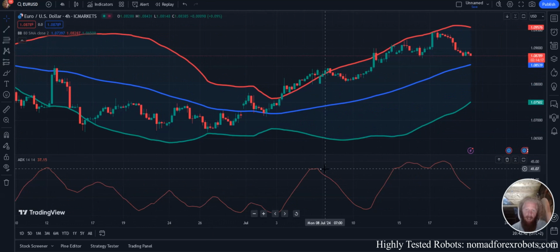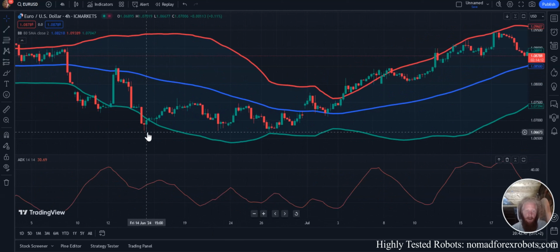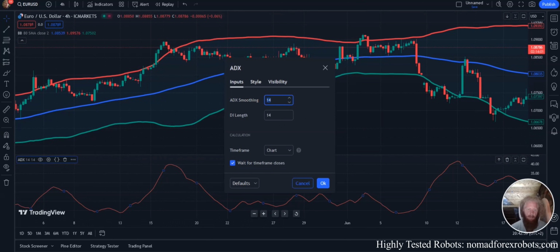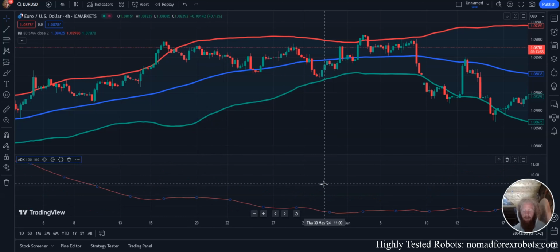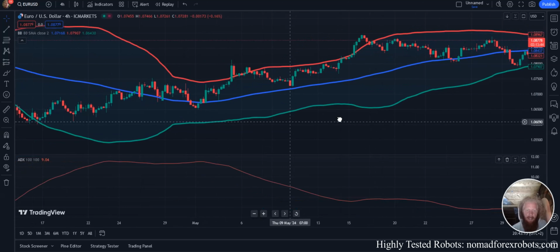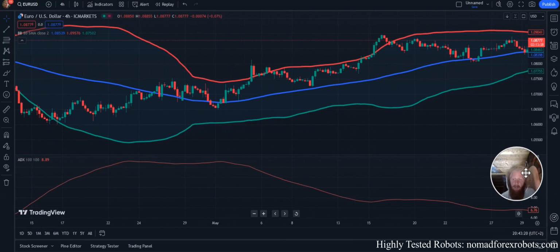I don't really recommend using the basic ADX, which is the 14 period ADX, but I recommend using a 100 period ADX, because based on my research, that is working so much better and more reliably. When you are using the 100 length ADX, you have a much smoother curve, and also you don't have so many false signals.